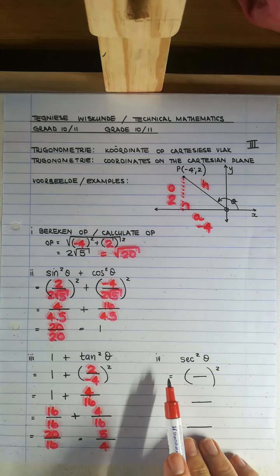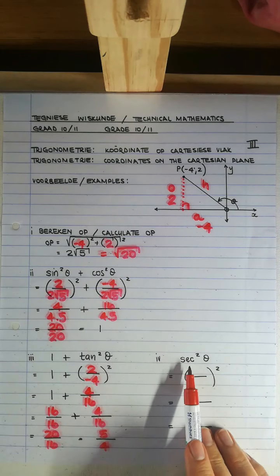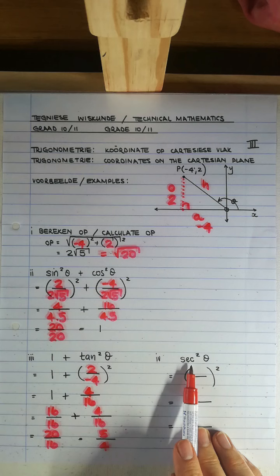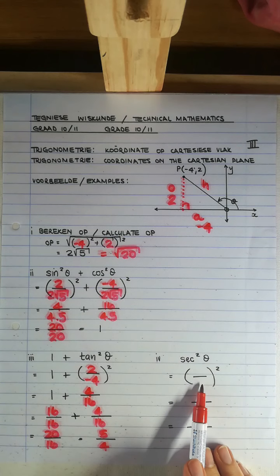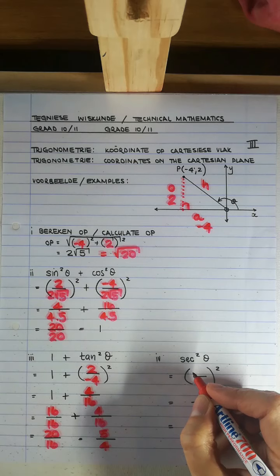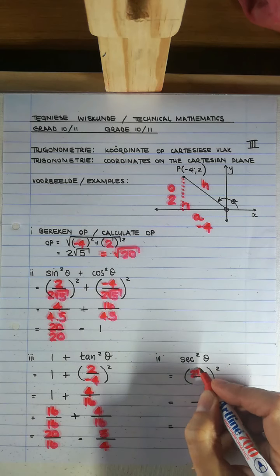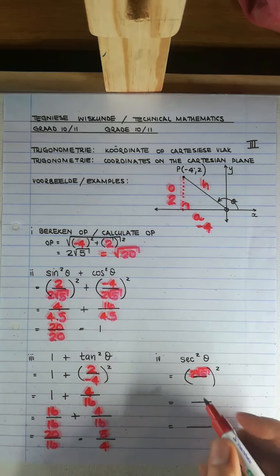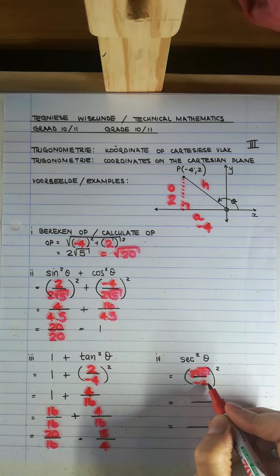The fourth question, sec squared theta. Sec is defined as the reciprocal of cos. In other words, hypotenuse over adjacent. We will substitute the hypotenuse. It is 2 square root of 5, and adjacent is -4.